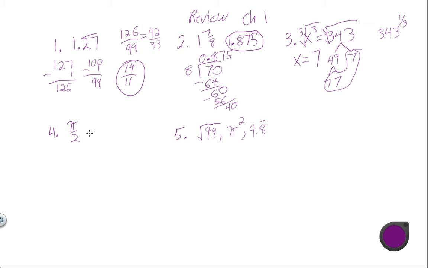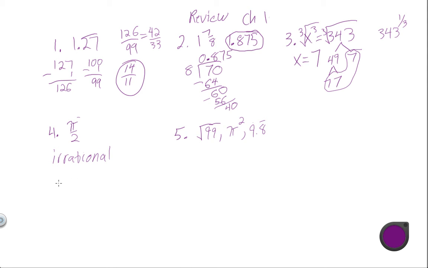Okay, number 4, we just want to know what kind of number, all the names that apply to pi over 2. And pi is an irrational number. Remember, we have a decimal that goes on forever and ever, so it's irrational. And if the numerator is irrational, the whole thing's irrational, so it's an irrational number.